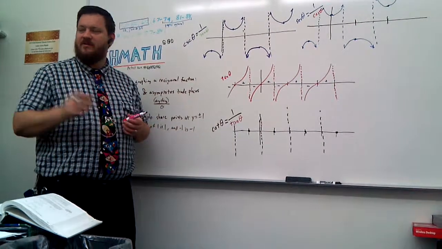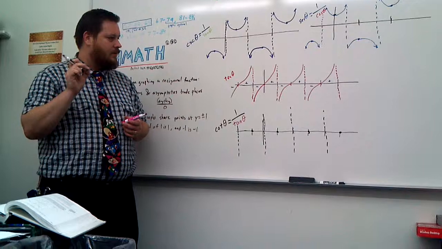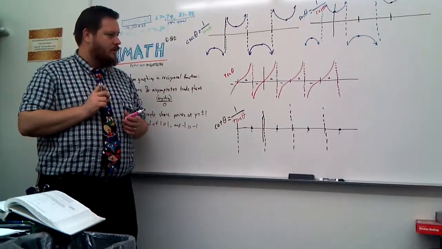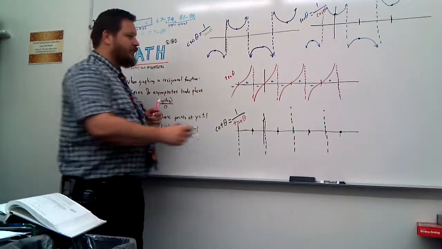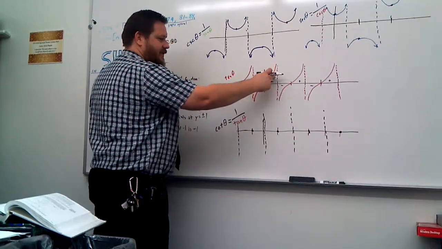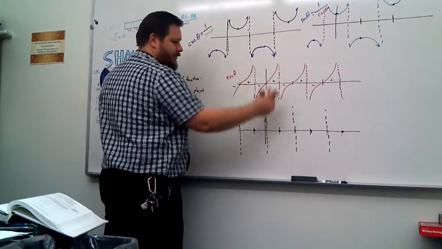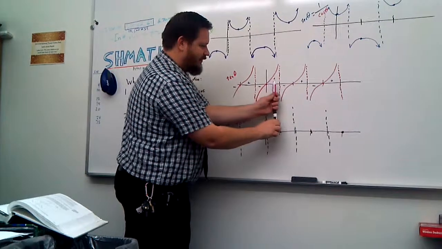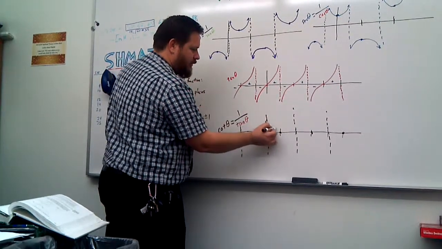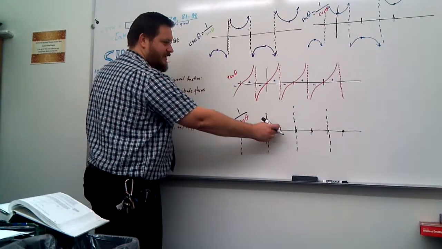It's going to get tinier and tinier. Positive or negative? Positive. Taking the reciprocal does not change the sign. So if we are above the x-axis here, we're going to be above the x-axis here, but as this one gets bigger and bigger, this one, as we approach the same spot, is going to get smaller and smaller towards 0, which makes sense. We know we're going to hit a 0 here.